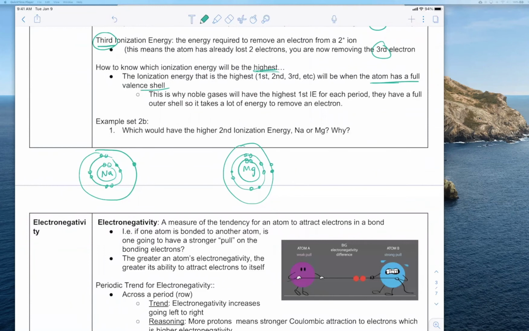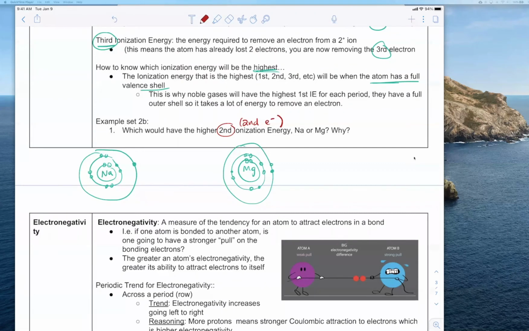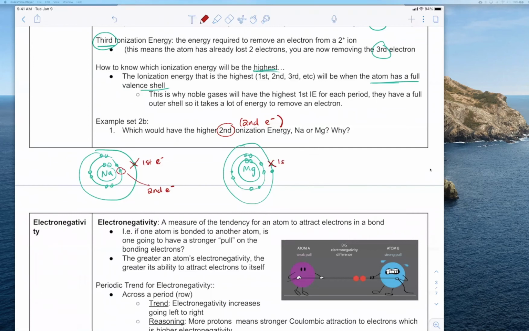so since we're looking at the second ionization energy, we're looking at the second electron to be removed. So for sodium over here, this would be my first electron. And then one of these here, this would be my second electron. For magnesium, right, this would be my first electron.